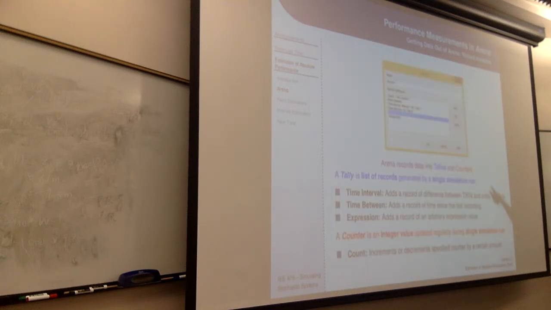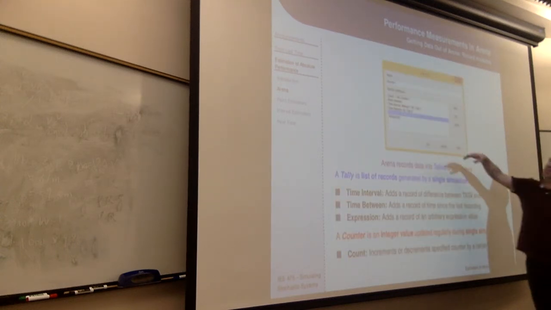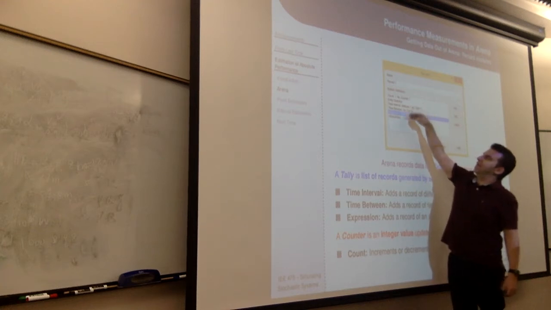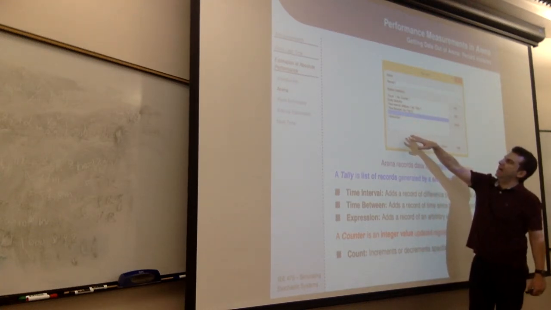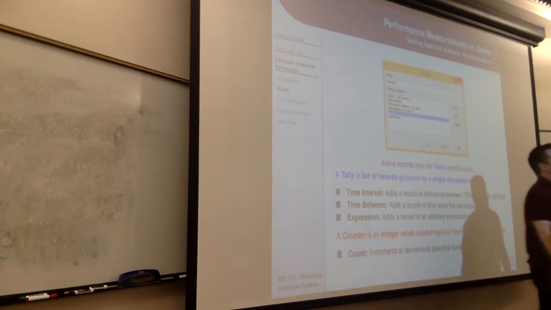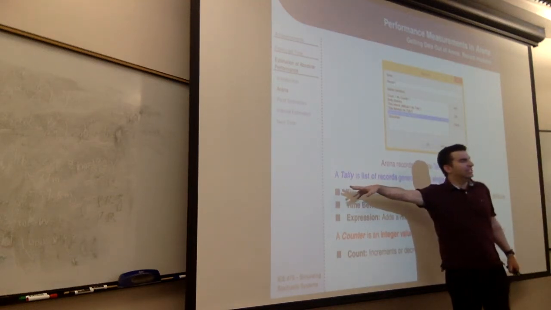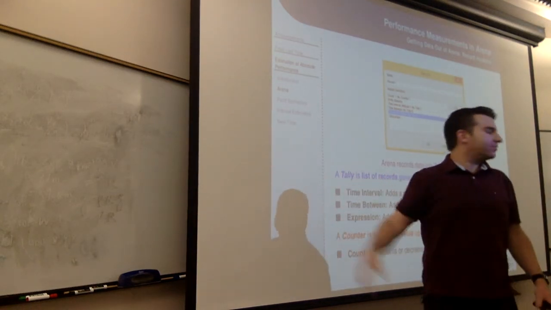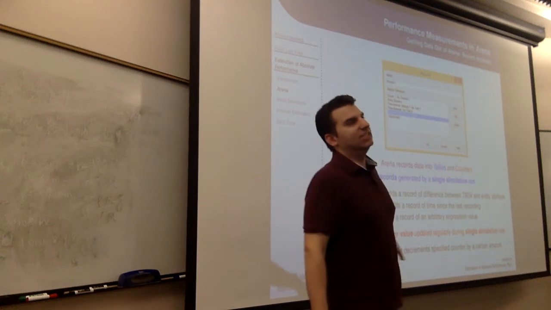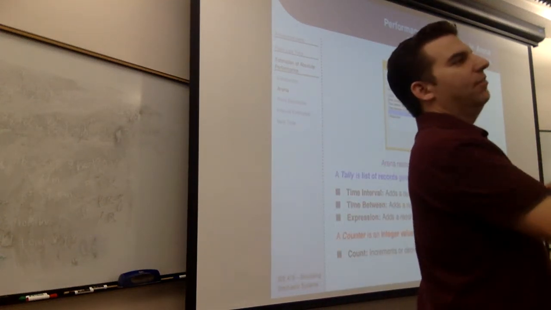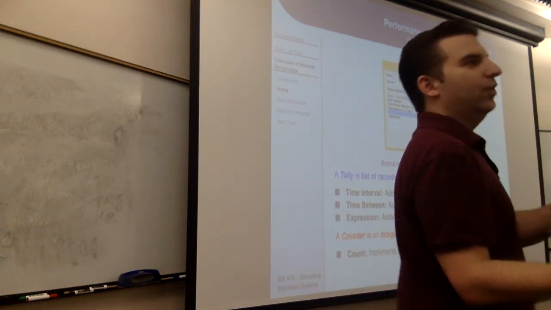If I were to zoom in on this record block, we can see that there's count, time interval, time between, and expression. They record to different types of memory inside Arena. There are two types of memory inside Arena: a tally, which is a list of records, or a counter, which is a single number that gets incremented and decremented as you wish.